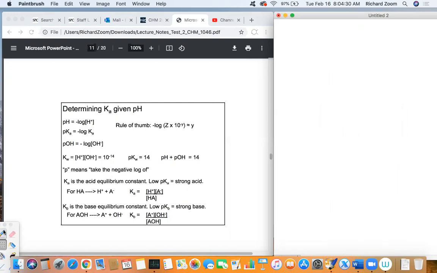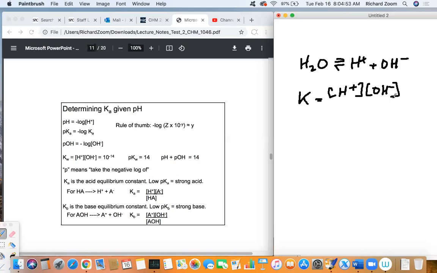So what we know about water is that when you've got just regular garden variety water, a very, very small amount of it will split apart into H plus and OH minus. And we can write a K expression for that. And if you remember what we did when we were doing test 1, we would do products over reactants.